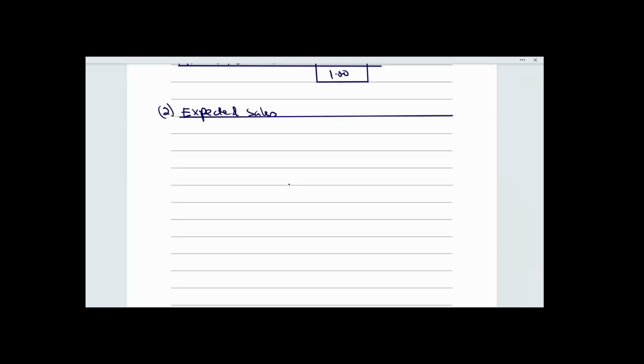So I will create a column for state of nature, another column for probability. Then for the cash flows, I need cash flow for each year. Here will be year 1, this one will be year 2, then I will have year 3. Under each year, we have cash flow and then expected value.